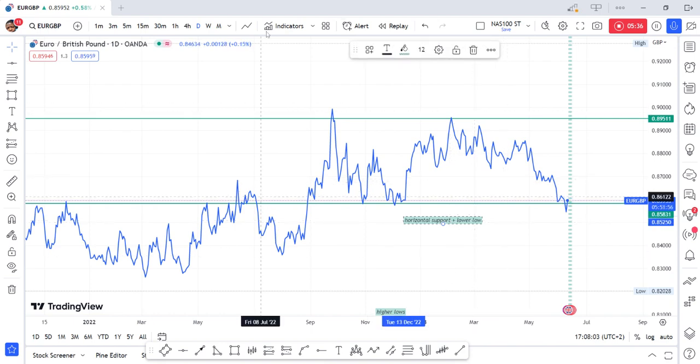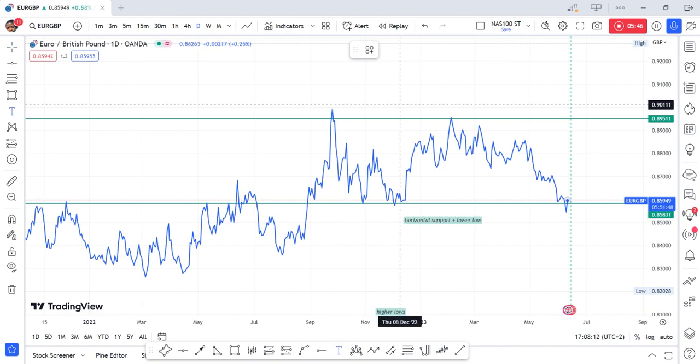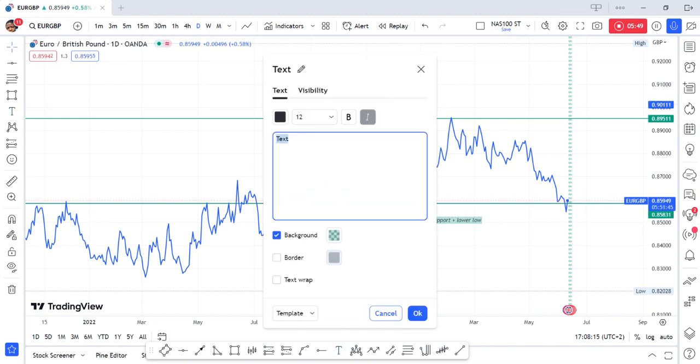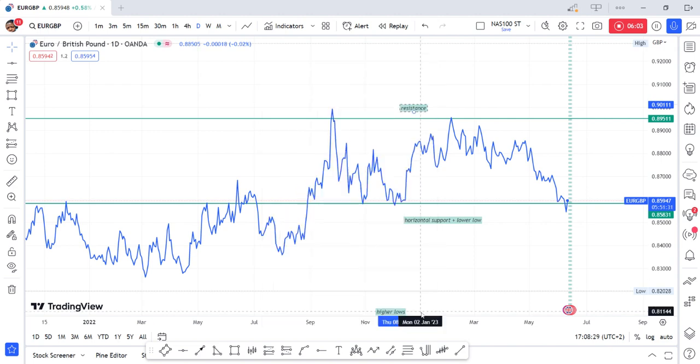Then after this, the upper level, we call it resistance. Resistance means to block, like the market has to block the price in order not to go up.